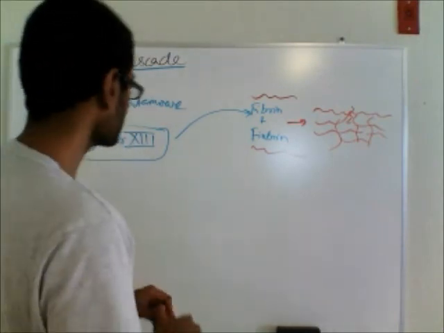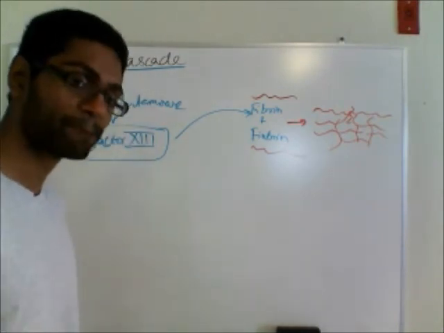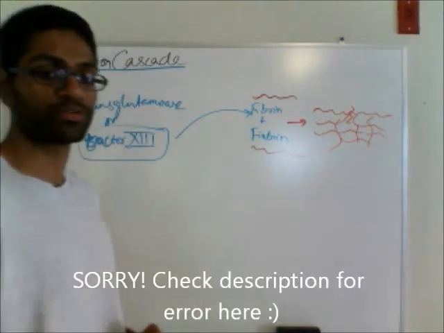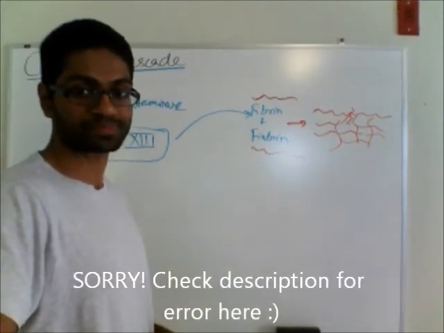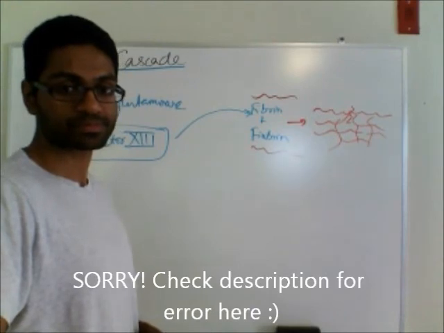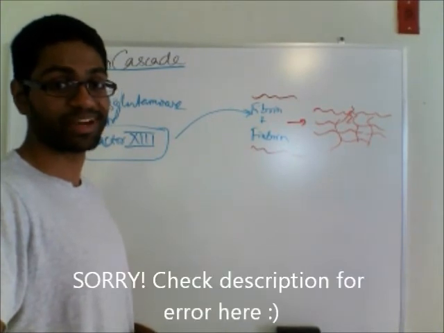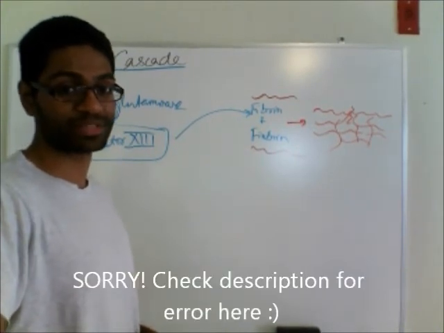Now, transglutaminase. What is essential for transglutaminase to work? Glutamine, but what vitamin? Vitamin K is very essential for transglutaminase.